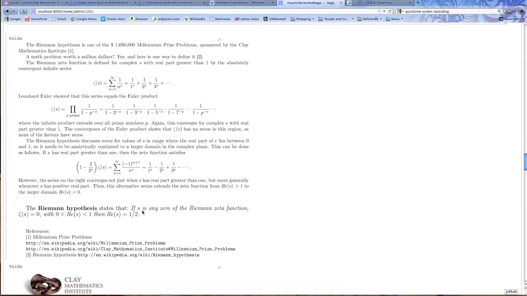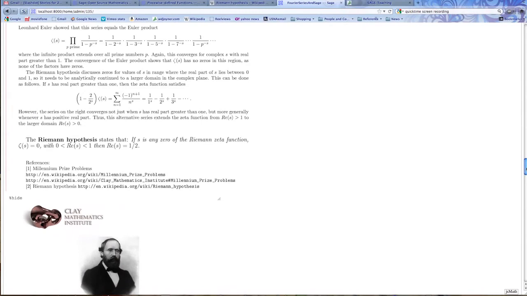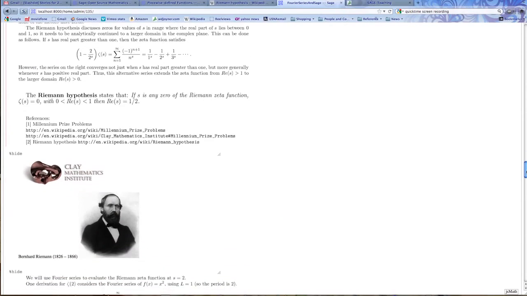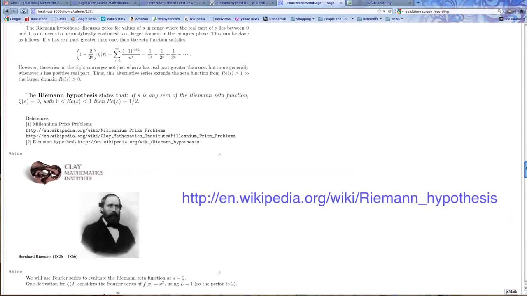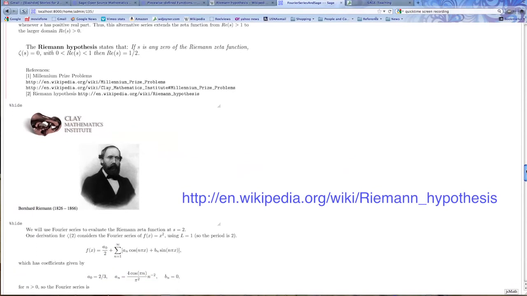It says that if you have any complex number s, zeta of s is 0, and if that complex number has real part in between 0 and 1, then the Riemann hypothesis says that real part has to be equal to 1/2. And no one knows if that's true or not. It's expected that it is true, but no one knows whether it is or not. It's called the Riemann hypothesis. It's completely unsolved, and is possibly the most famous and difficult mathematics conjecture that is open today.